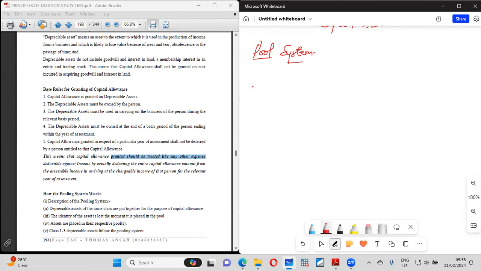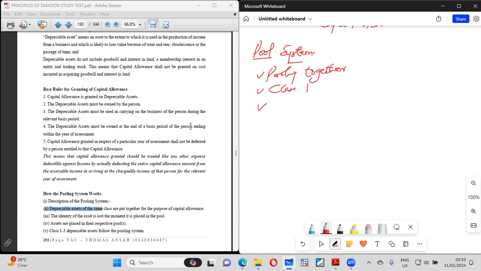Then when you put them together, you must give them a description. So you put them all together, add all the amounts, then give them an identity. If it is class 1, you give them class 1, class 2, you give them class 2, like that.